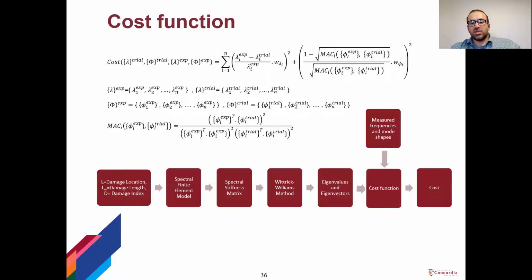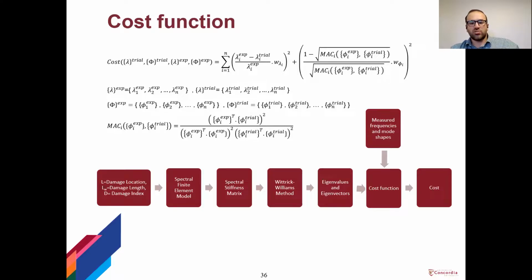Obviously, there are many possible combinations of locations and lengths to insert a damaged element inside the model. So for each trial structure, natural frequencies and mode shapes are calculated and put inside the cost function at the top. The cost function is a metric that shows how close our model is to the real structure and considers the relative difference in frequencies and mode shapes.